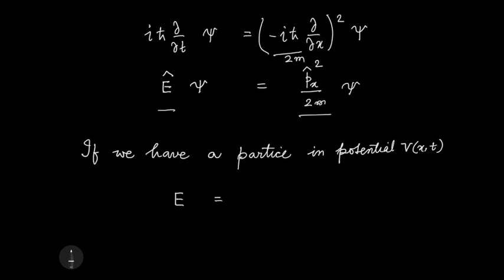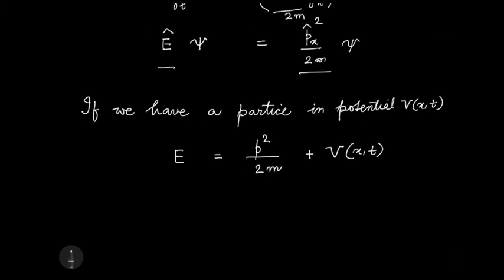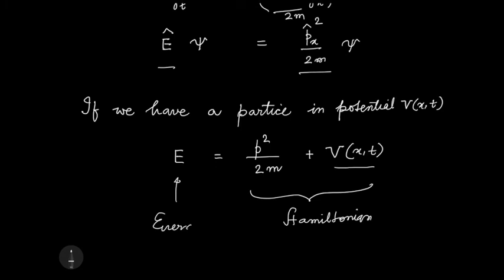You know that the energy, as given by the Hamiltonian, is p square by 2m plus V of x and t. So this energy can be a function of time, because V is a function of time here. So this part we call the Hamiltonian, and this we call the energy.